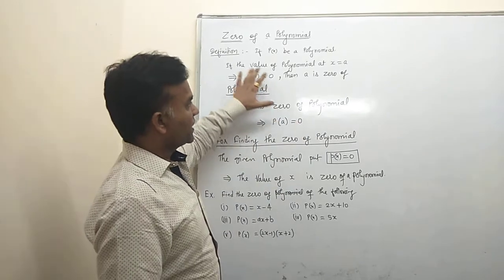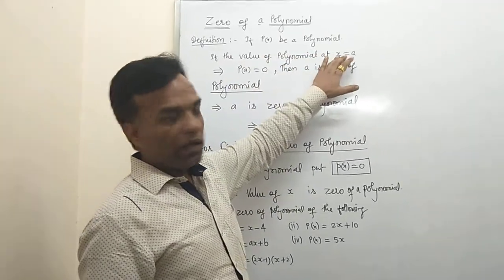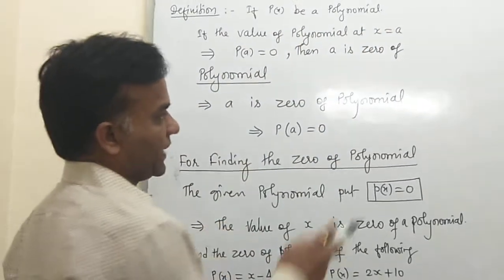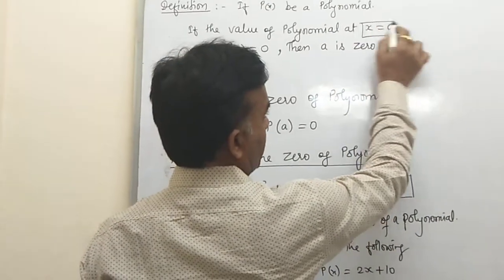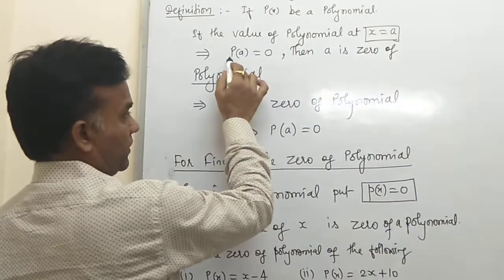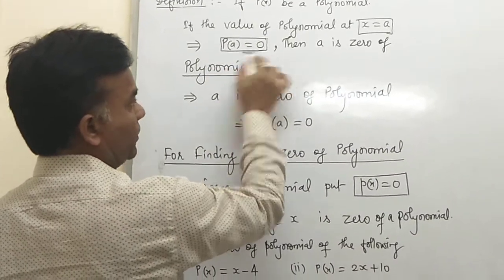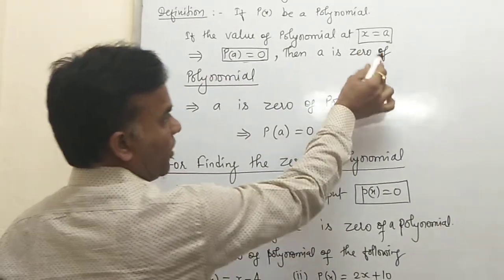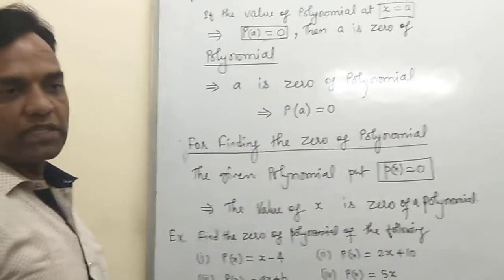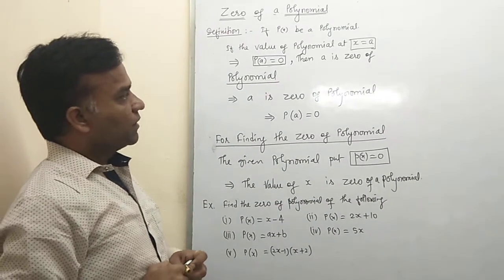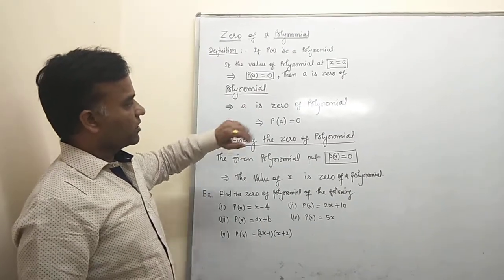Similarly, we consider x equal to a, and we put this a in place of x, and then the whole value of the polynomial is 0, then a is called the zero of the polynomial.